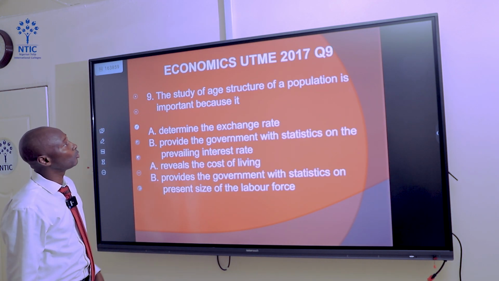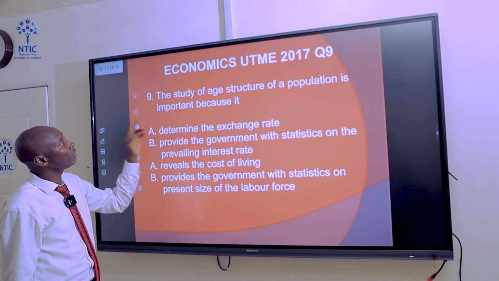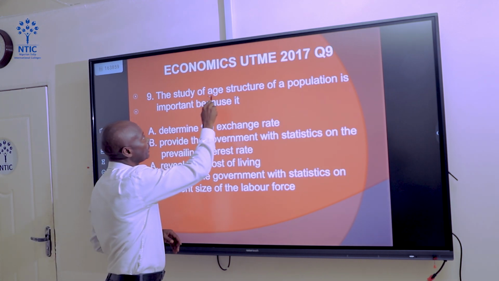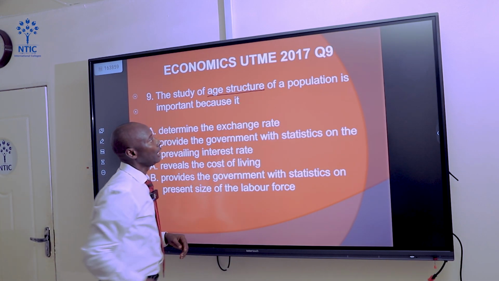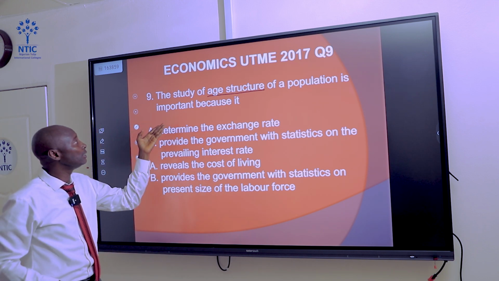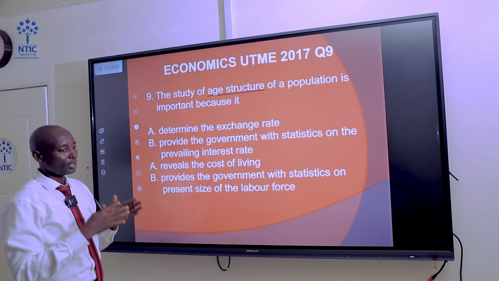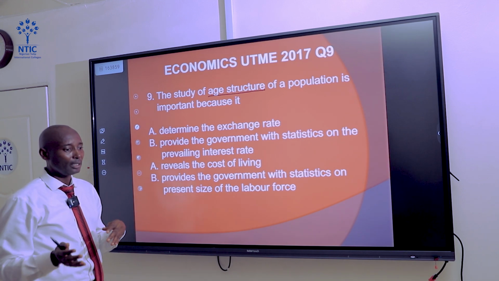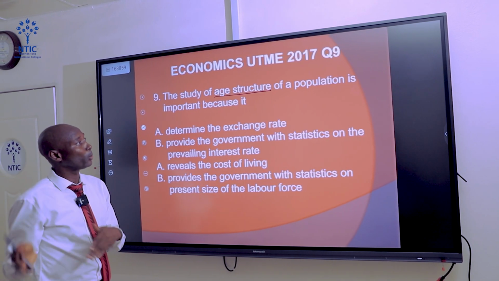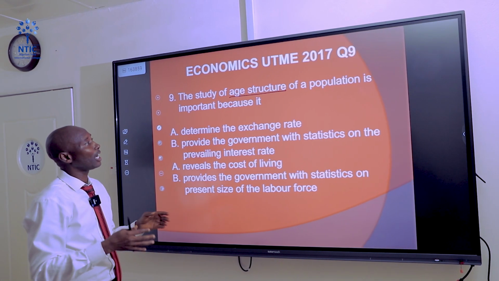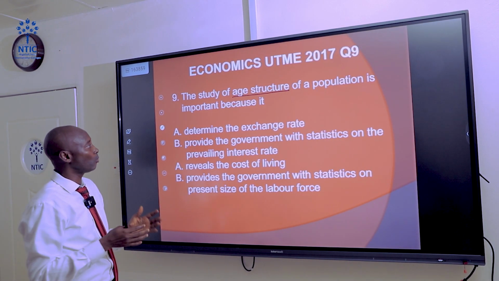Now moving again to question 9. The study of age structure in any population is very important. Why is it important that we find the age structure? Those between 1 to 10, those between 20 to 30, or you can talk about 18 to 60, the working class.